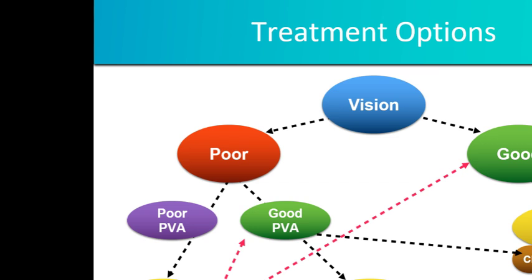Now, if we go to corneal transplant, because vision is poor and potential visual acuity is poor, after corneal transplantation again we have good vision, let's say. If the vision is good, we can go to aiding measures.